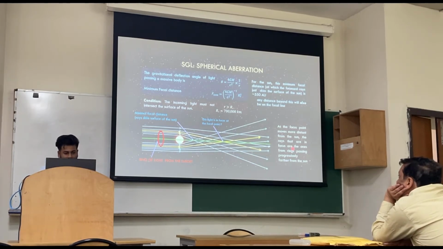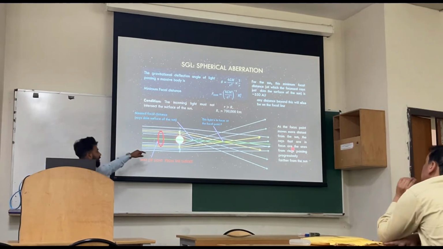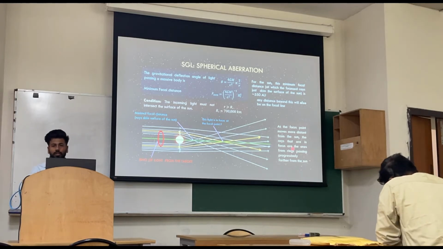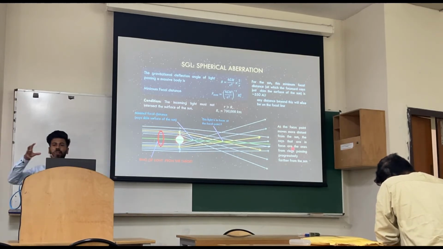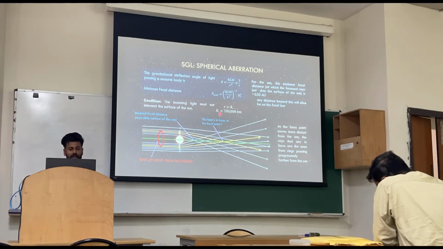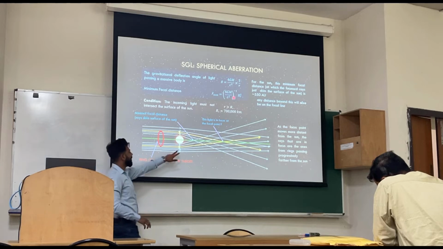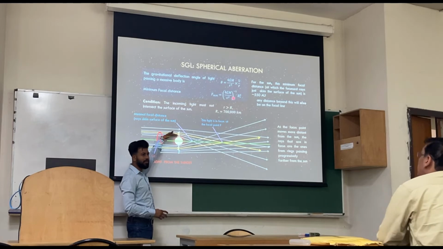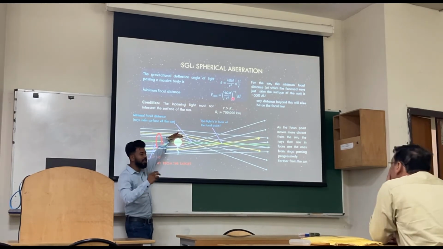The gravitational deflection angle theta of light passing through a heavy mass is inversely proportional to the distance from the sun, and it is derived using the general theory of relativity. So I can easily find the minimum focal distance using the relation of angle and radius, and if I substitute the value of the solar radius, I can find a minimum focal length, because the light ray which just skims the sun's surface will focus here.